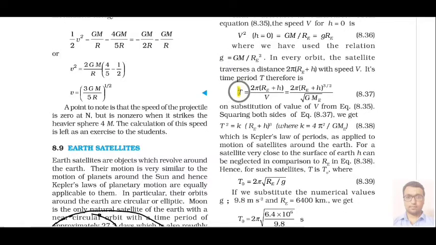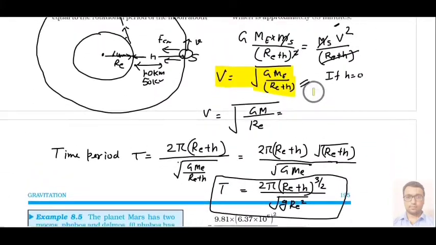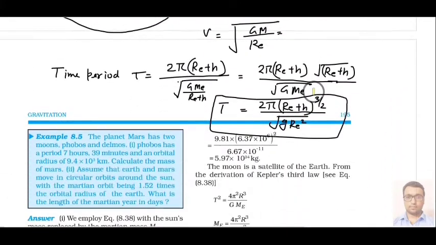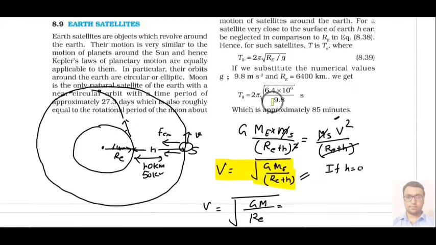Time period is distance 2π(Re + h) upon velocity, giving 2π(Re + h) to the power 3 by 2 upon under root of GMe. You can write upon GMe or gRe square, both are the same.